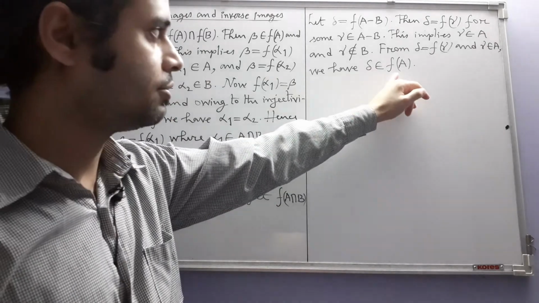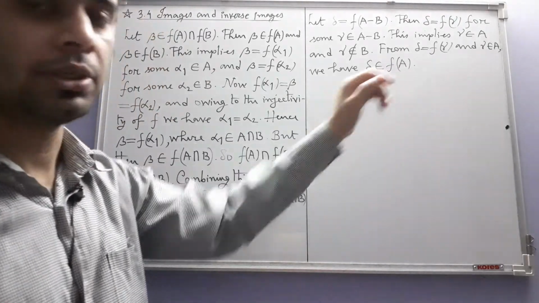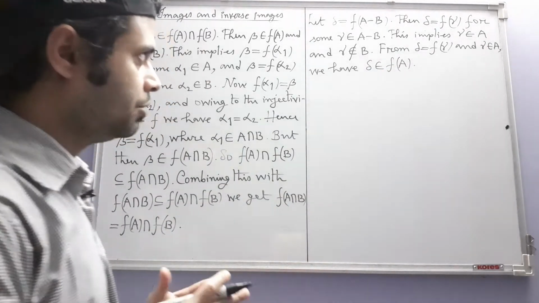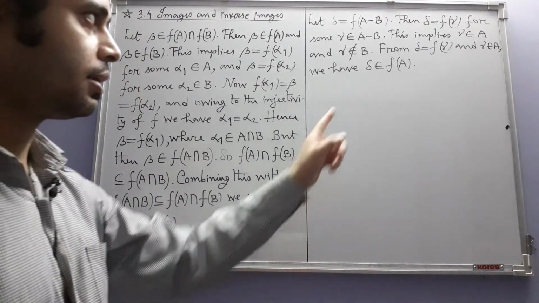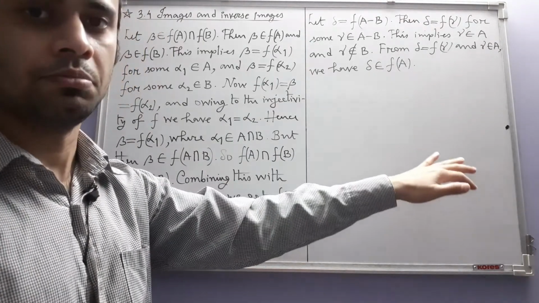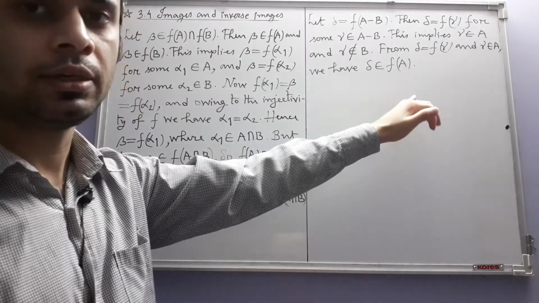So that's why, by definition of this forward image, delta will be in f(A). Now we want to conclude that delta is in f(A) minus f(B). That means delta should not be in f(B).